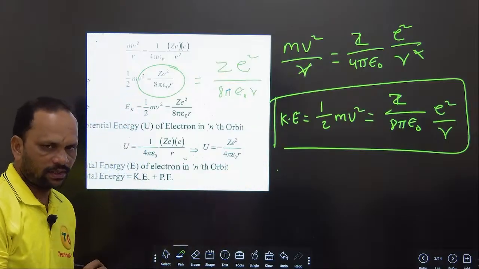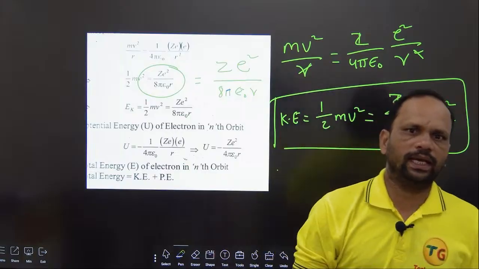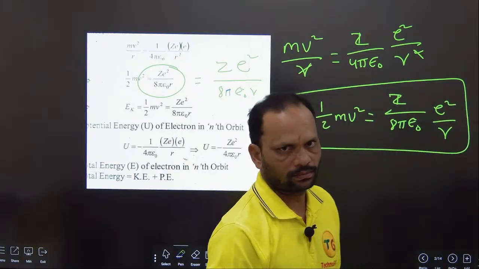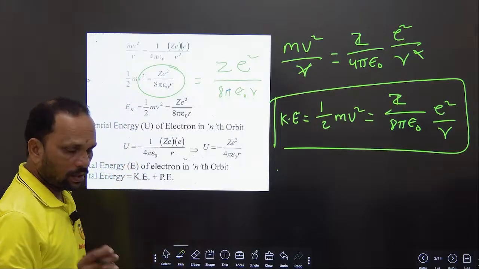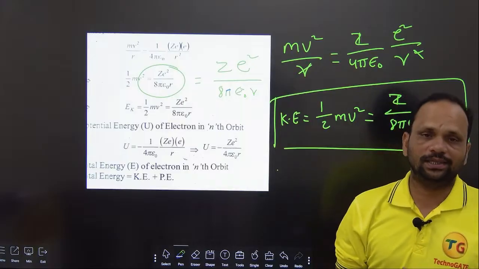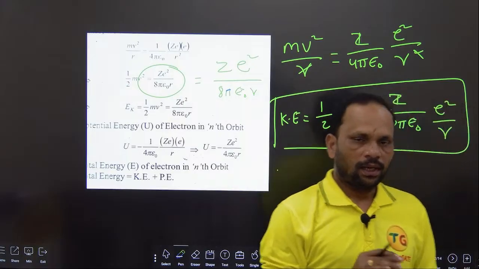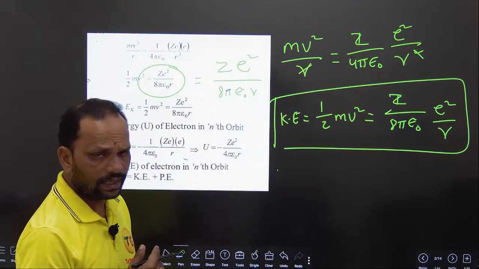This is the kinetic energy of the electron revolving around the nucleus. Right. Next, what is potential energy? One more thing is kinetic energy is always positive. It is not negative. And kinetic energy decreases with increasing n value.